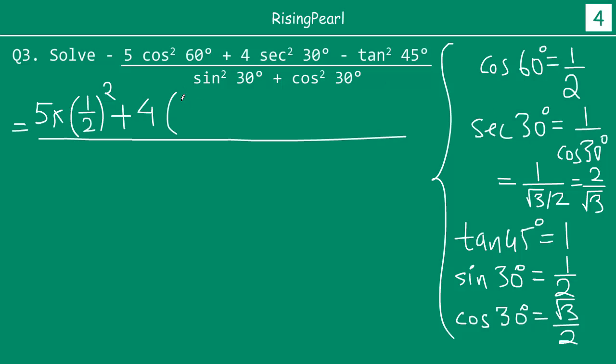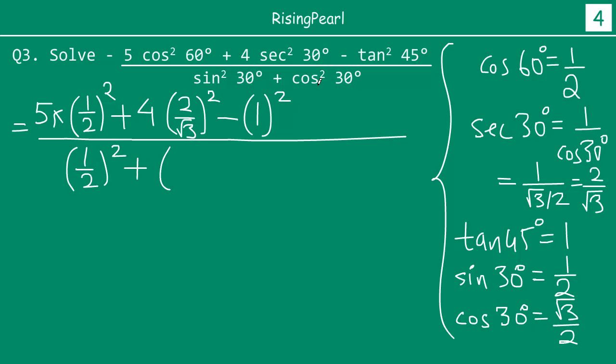So sec 30 is 2 by square root 3, 2 by square root 3 whole square minus tan 45 degree whole square. So tan 45 degree is 1, so square. And now for the denominator, sine square 30 degrees is sine 30 degree whole square. Sine 30 is 1 by 2. So 1 by 2 whole square plus cos 30 degree whole square will be root 3 by 2 whole square.